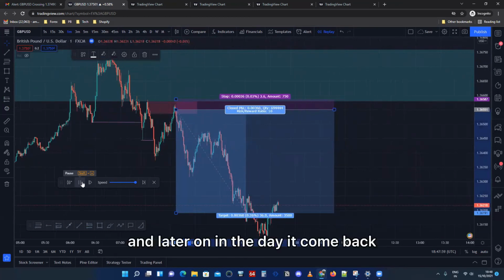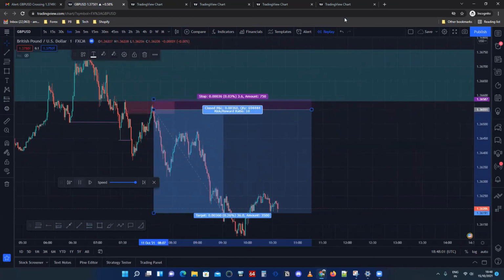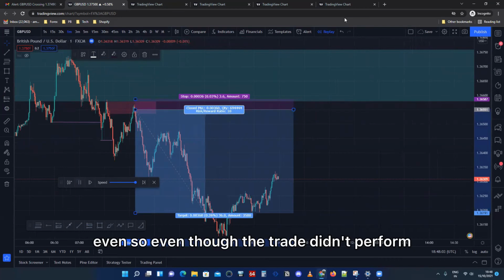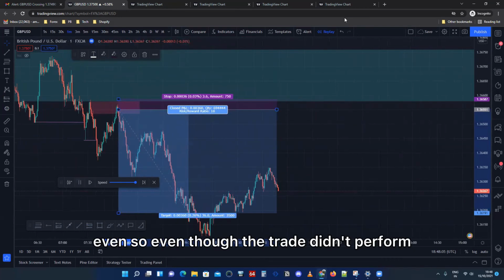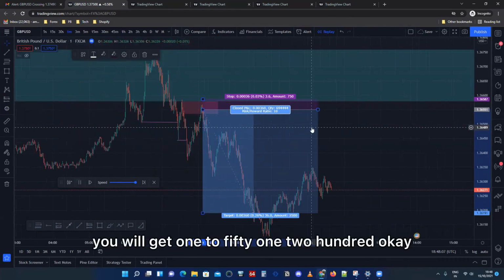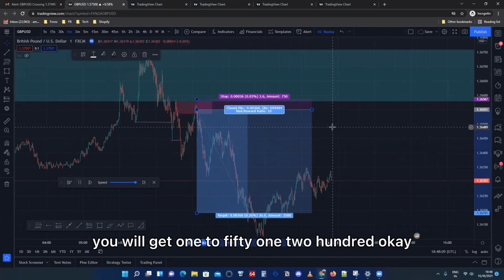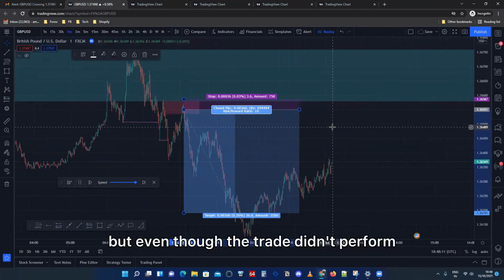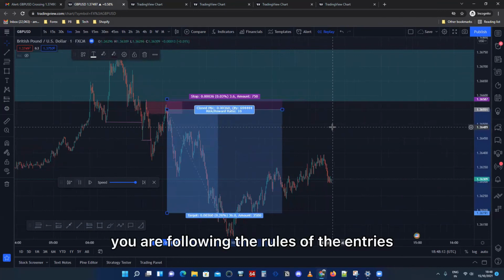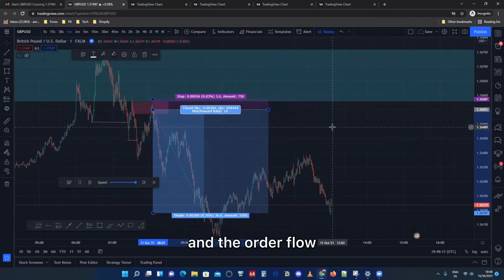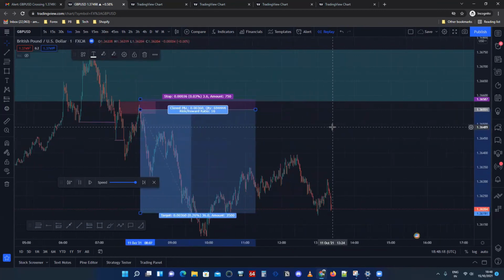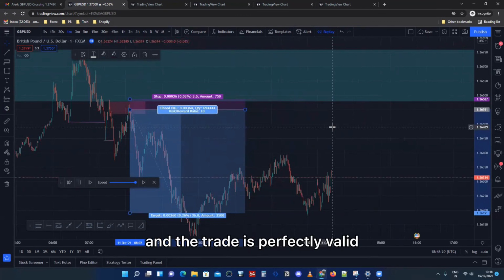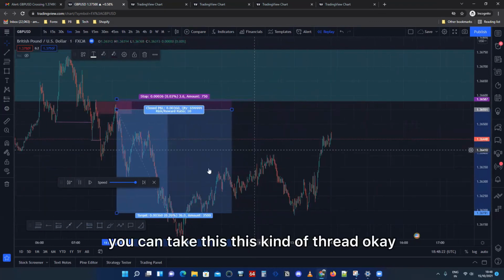Later in the day, it came back and hit me at break even. Even though the trade didn't perform, not every trade will get you 1 to 50 or 1 to 100. You are following the rules of the entries and the order flow, and the trade is perfectly valid. You can take this kind of trade.